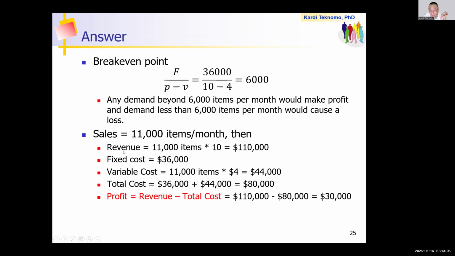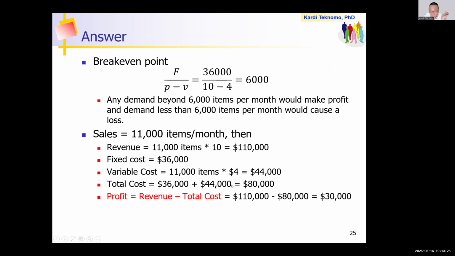So the revenue is the 11,000 multiplied by the price, isn't it? And then the fixed cost is still 36,000. The variable cost now is 4 multiplied by the sales, so 44,000.